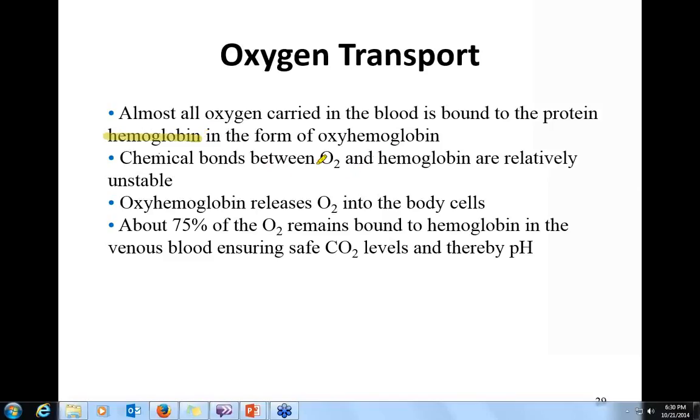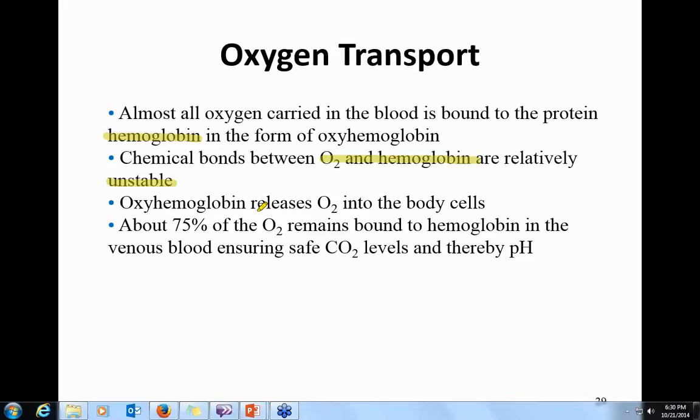Now you might see here that the bond between oxygen and hemoglobin is unstable. And you might think, well, that's not very good. But actually, in reality, it's quite good. Because the bond is unstable, that means hemoglobin can release the oxygen. For example, carbon monoxide, CO, also binds to hemoglobin, but the bond is very stable.